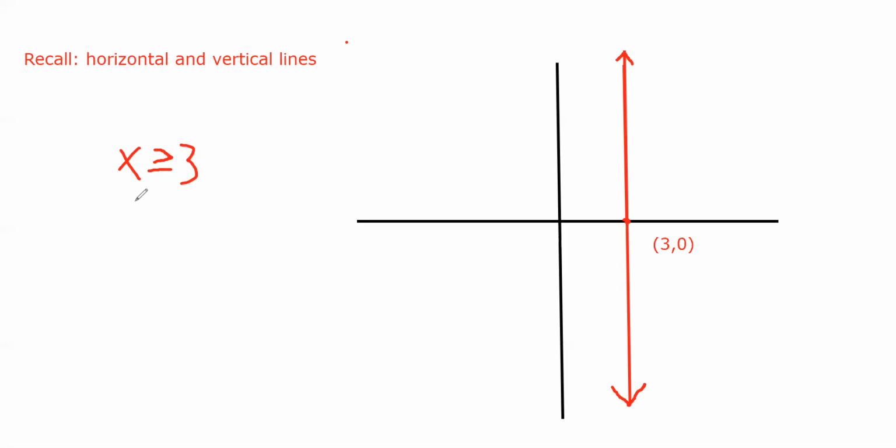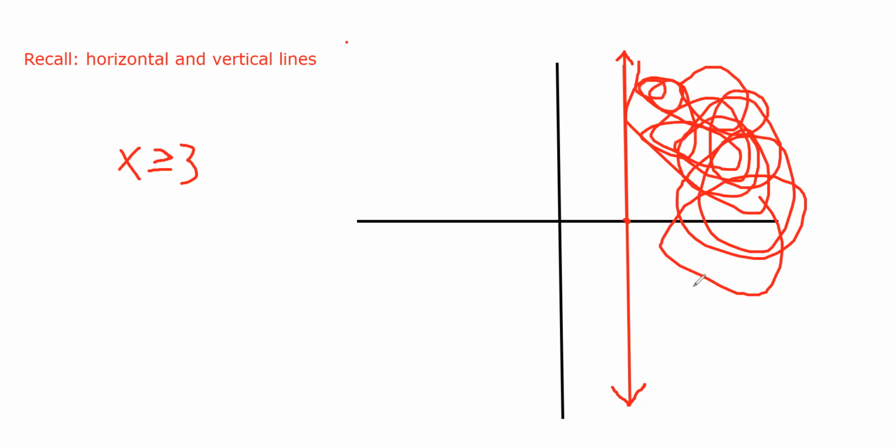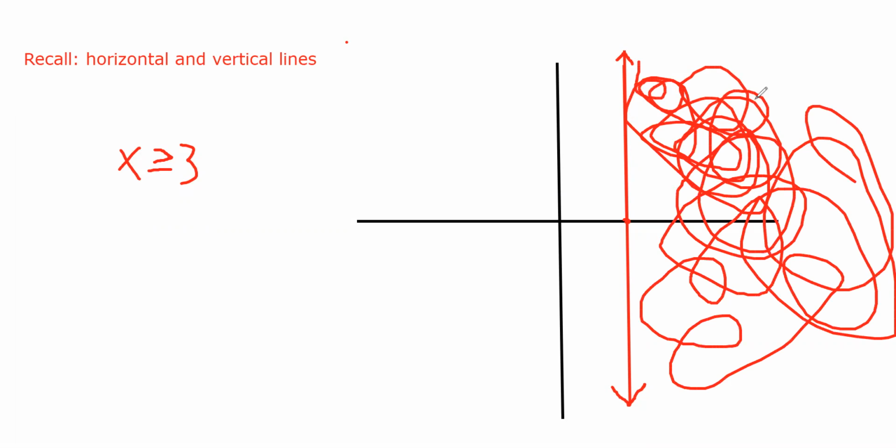Then you have to decide, should that line be solid or dashed? Well, it's greater than or equal to, so it should be solid. Now, the nice thing is you don't even need to pick a test point. There's no need for a test point, because if it's a greater than, you're going to shade everything to the right of it. Like that.